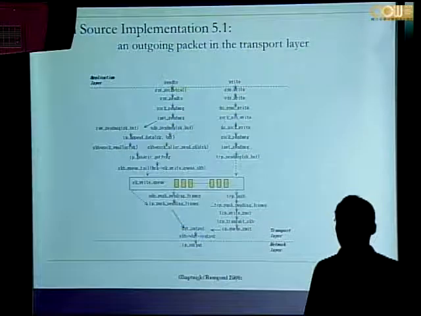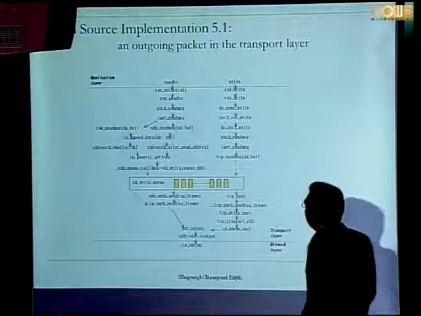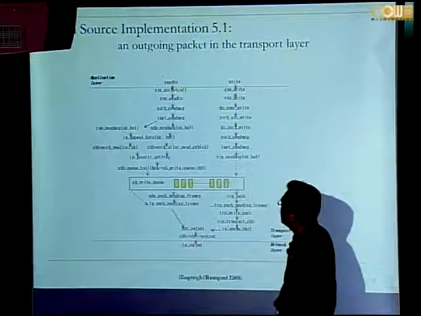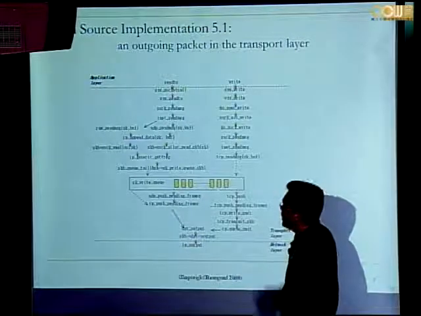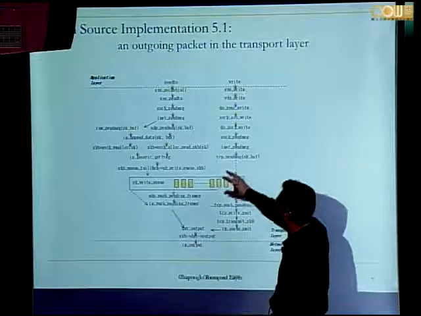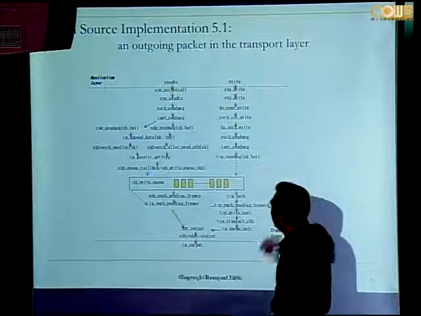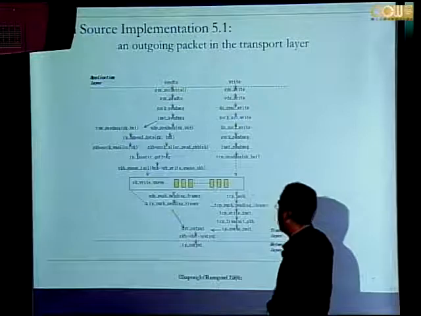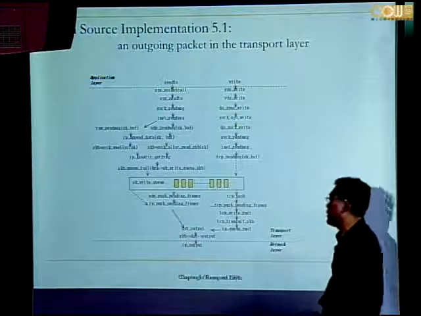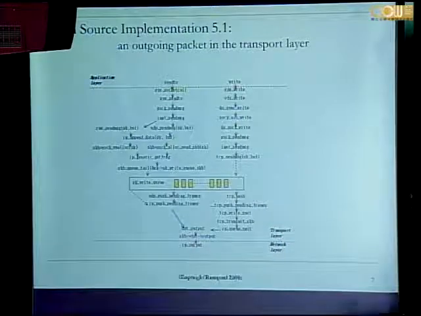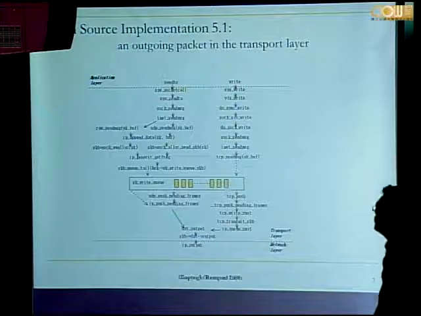So once I finish this, I'm done, and I return. Okay. And you need this because the application might write a lot, and the kernel or the interface card cannot handle it as fast.